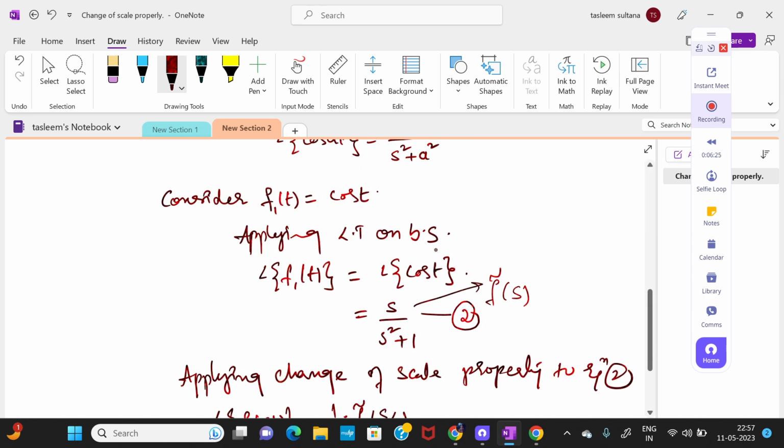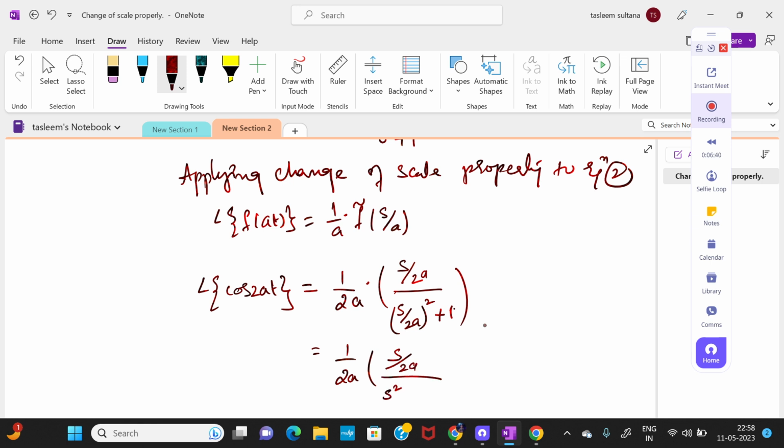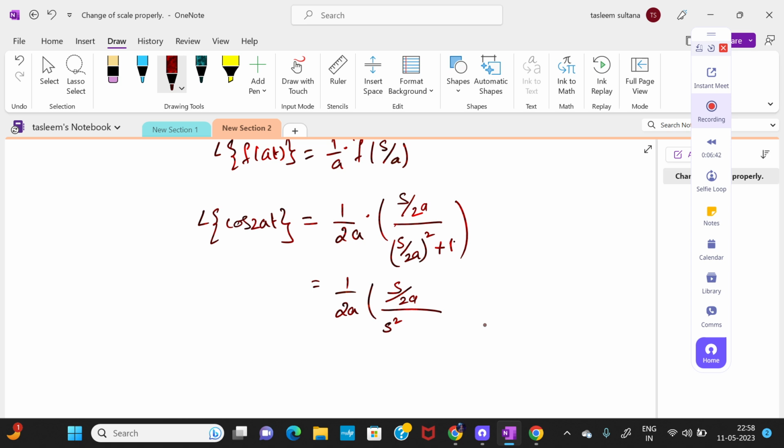Is a square 1 here? Yes, 1. So it is 1 by 2a of s divided by 2a, divided by s square divided by 4a square plus 1.